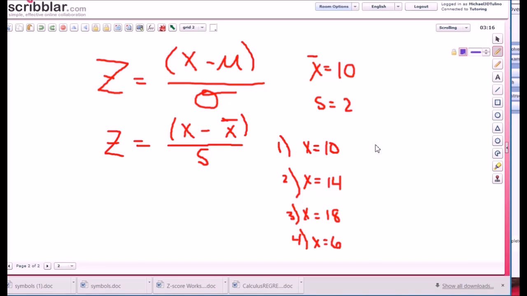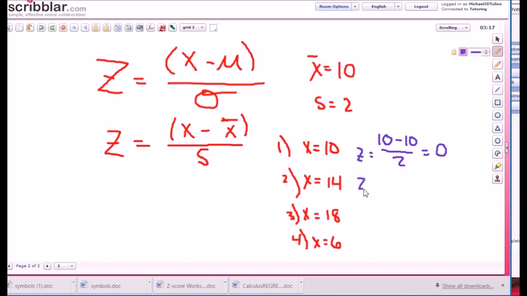Okay, so here we go. We have 10 minus 10 over 2. Oh, this one's an easy one. 10 minus 10 is 0, so that standardized z-score is 0. I should probably put a z here so nobody gets confused.